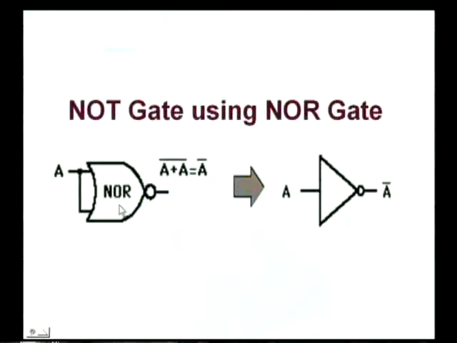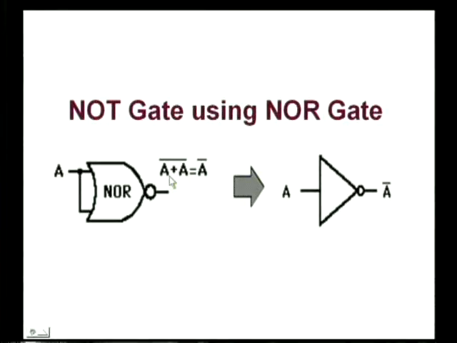The use of NOR gate as inverter is on similar lines as that of use of NAND gate. Here we short the two terminals and produce a single input A. Hence, the output should be A ORed with A, whole bar.